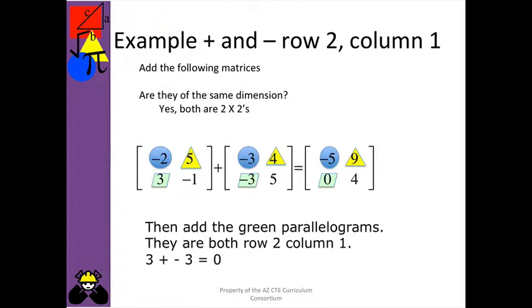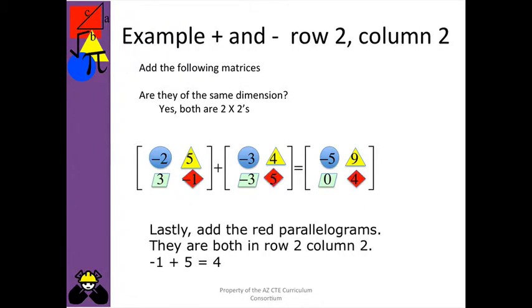So 3 plus negative 3 is 0. And then I added these diamond-shaped ones. I'm sorry, the green ones really should have been parallelograms because these are a little bit more like a rhombus, but it's okay. Negative 1 plus 5 is 4. So the answer has the same size matrix as the 2 in the addition problem.